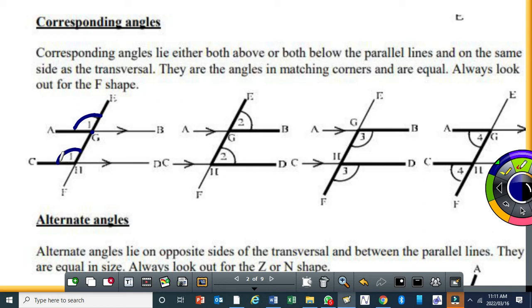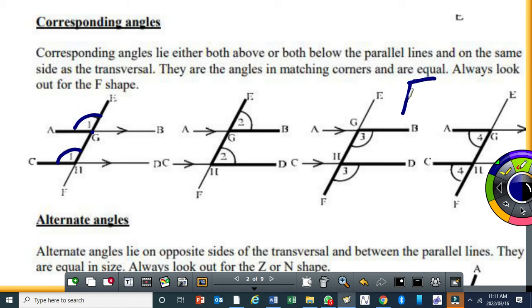They are on the same side of the transversal, and if you tilt your head like that, they are also on the left-hand side of both parallel lines. Therefore, they are equal.